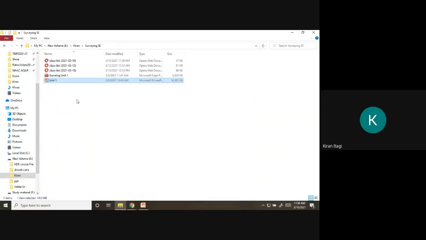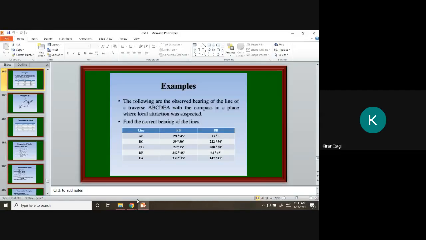Syllabus. So in the second chapter, we have leveling. The first unit consists of compass surveying and leveling. So in the next class, I will go for leveling.